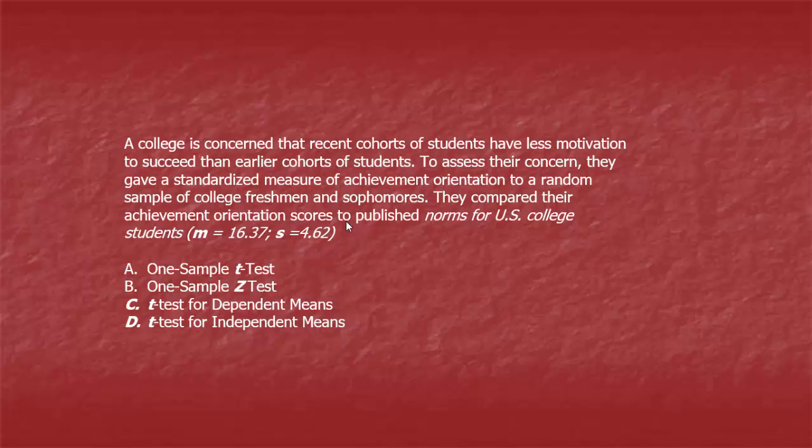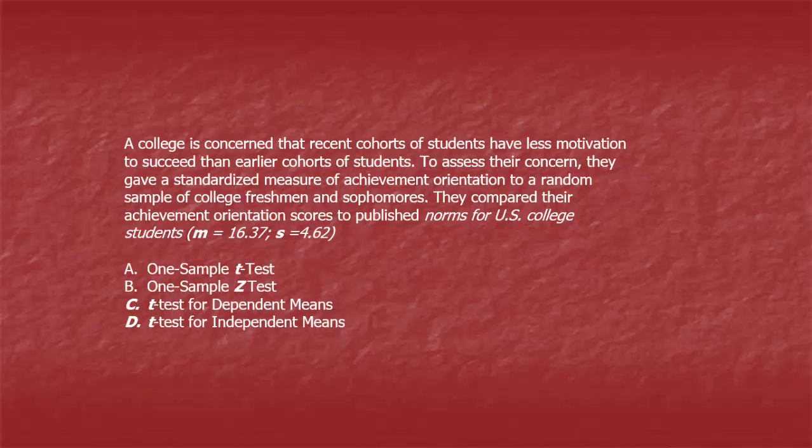Well, the fact that we only have one set of students here should give away that it's not choice C or D, because both C and D deal with when you have two different conditions. Here we only have one condition, one sample. So it's either going to be A or B, a one sample t-test or a one sample z-test.